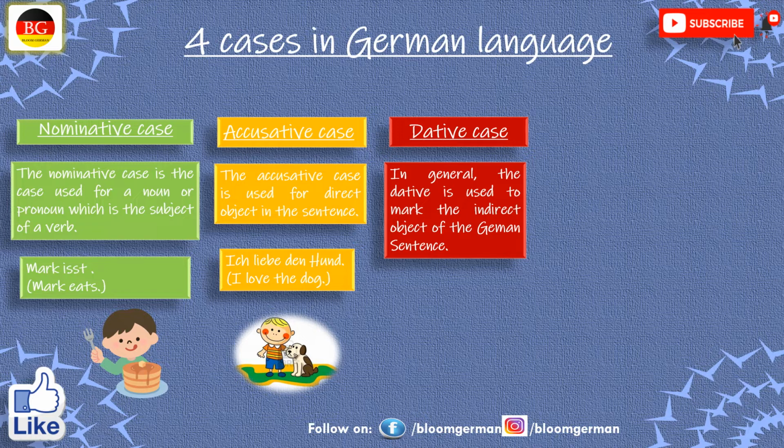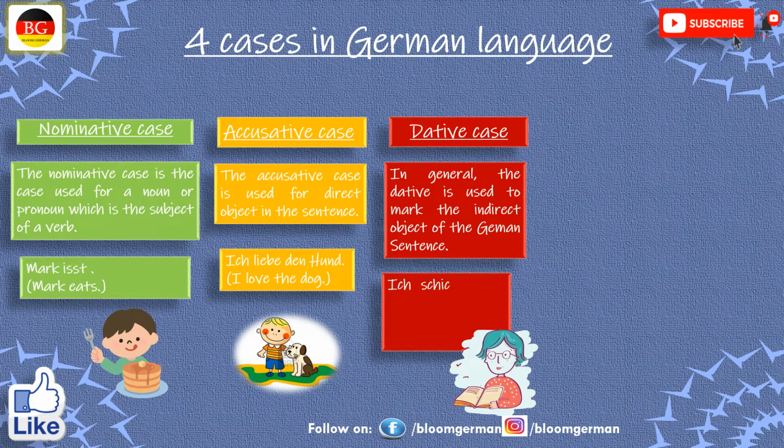For example for the dative case, Ich schenkte dem Mann das Buch. I gave the man the book. One more example. Jana schreibt den Brief an ihre Mutter. Jana writes a letter to her mother.